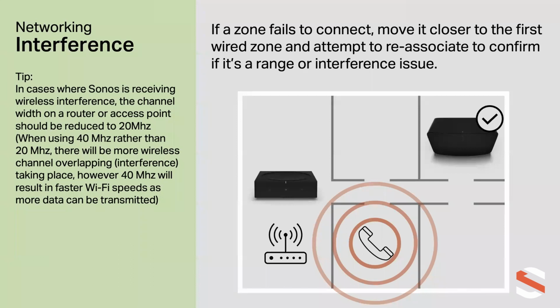Now, we recommend using the 20 megahertz frequency on the router as opposed to the 40 megahertz. Of course, there can be faster Wi-Fi speeds and overall more throughput from the 40 megahertz frequency. However, with 20 megahertz there's less channel interference, so we'll want to stick to the 20 megahertz bandwidth on your router.